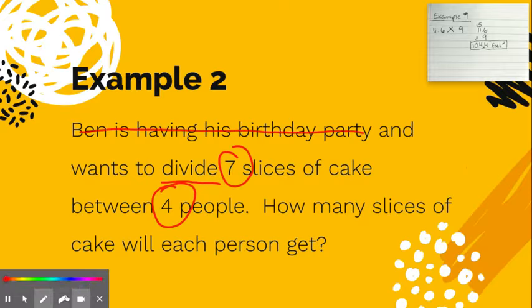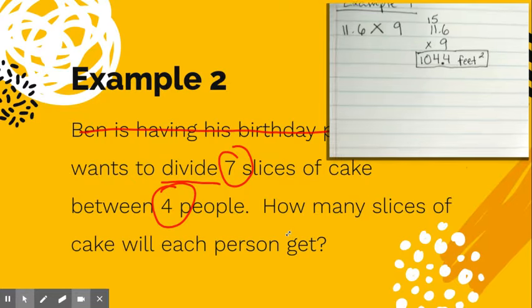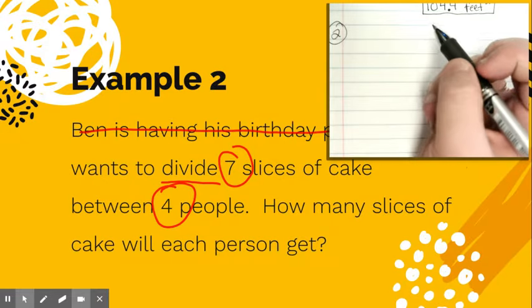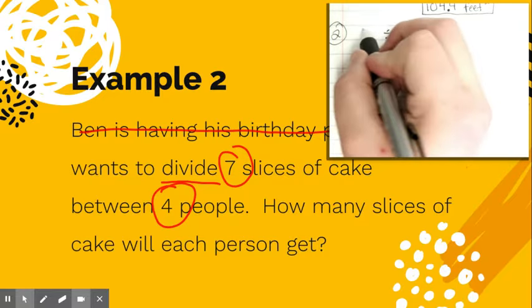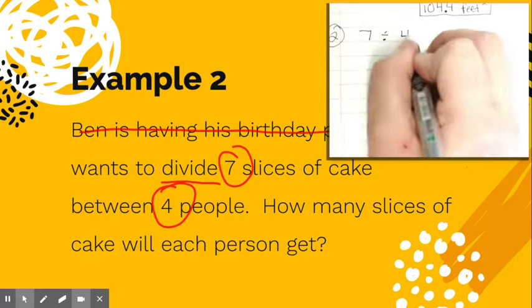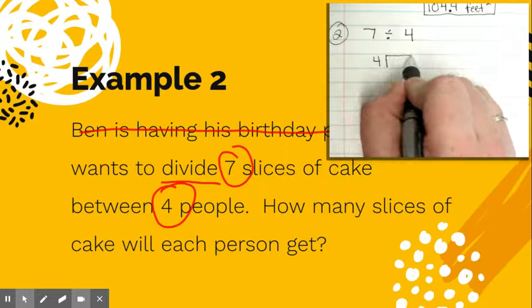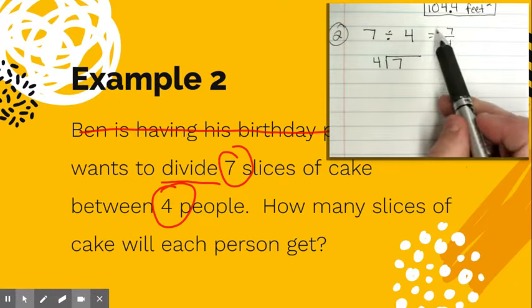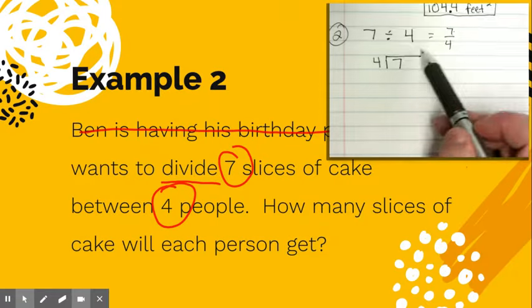Let's go up to number 2. We're dividing, right? So we're dividing 7 slices by 4. So we want to divide, 4 goes into 7. This is just like 7 over 4. Look at it, it's a fraction. That fraction bar means we're dividing: 7 divided by 4. Top goes in, bottom goes out.